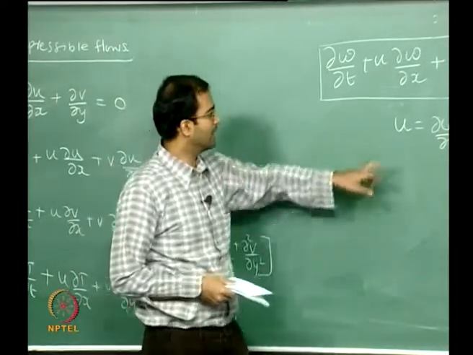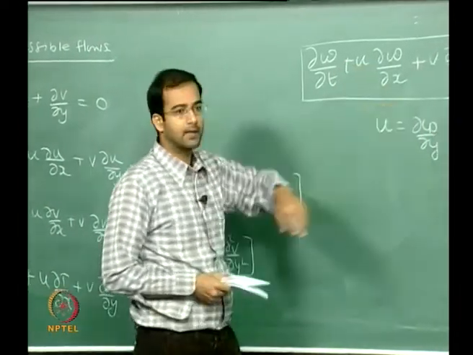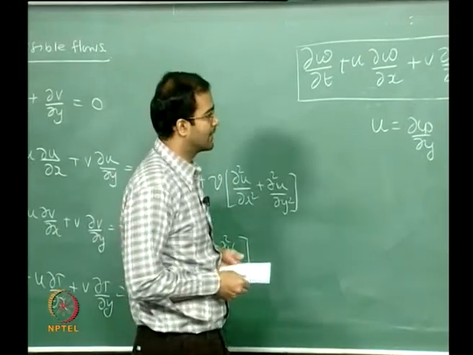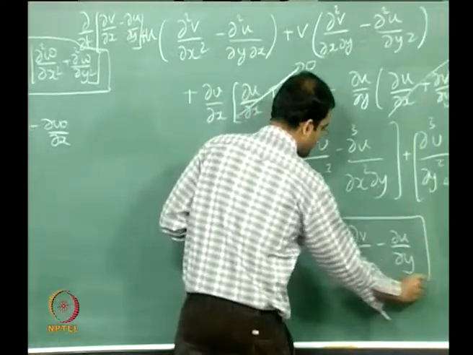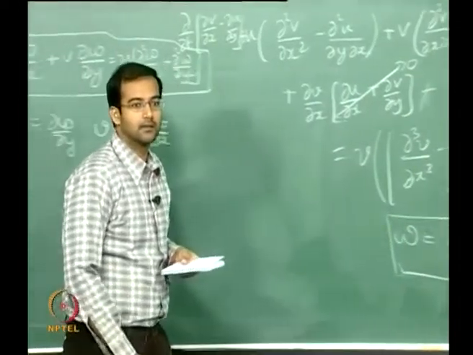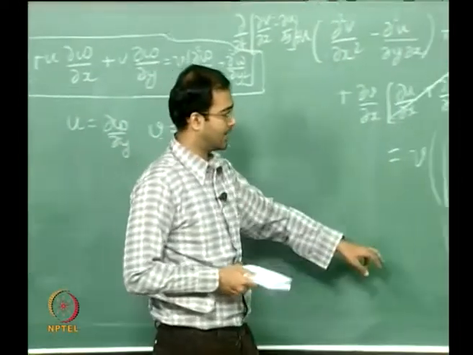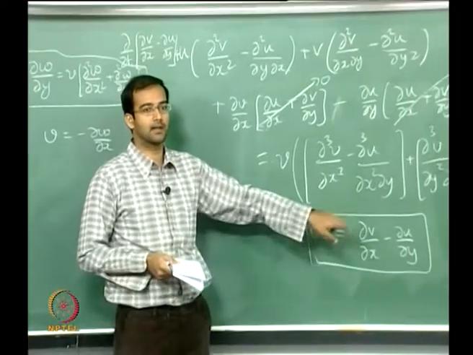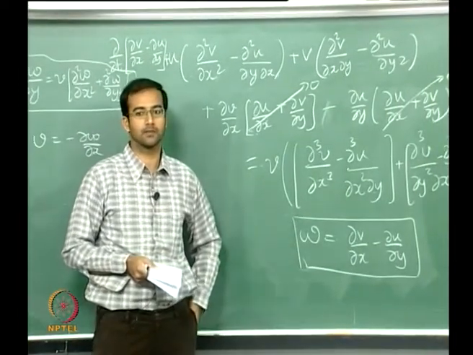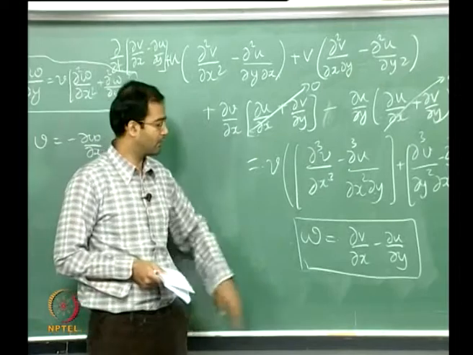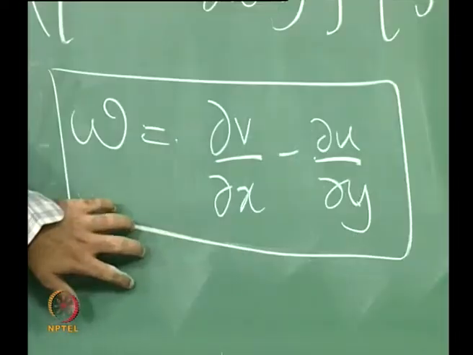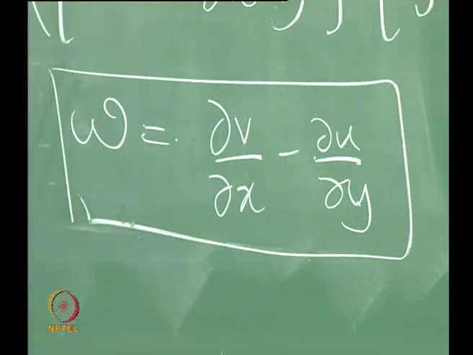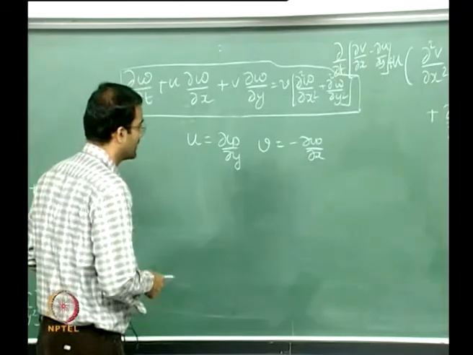So you can plug in for u and v in terms of the stream function, and the other thing, the stream function should also satisfy this equation, because this is how the vorticity is defined, and vorticity is related to the velocity derivatives. So the stream function should make sure that it satisfies this particular definition of vorticity. If you substitute the stream function into that, what do you get?